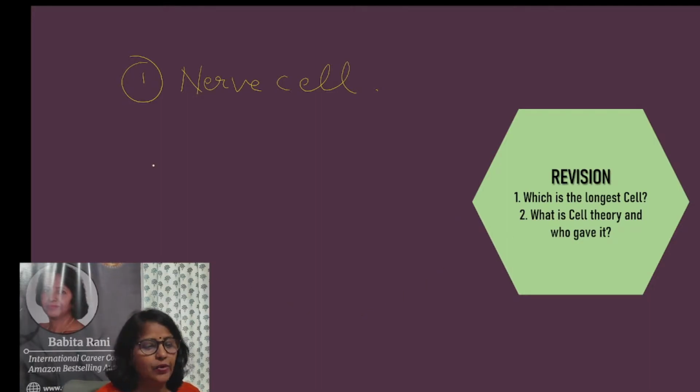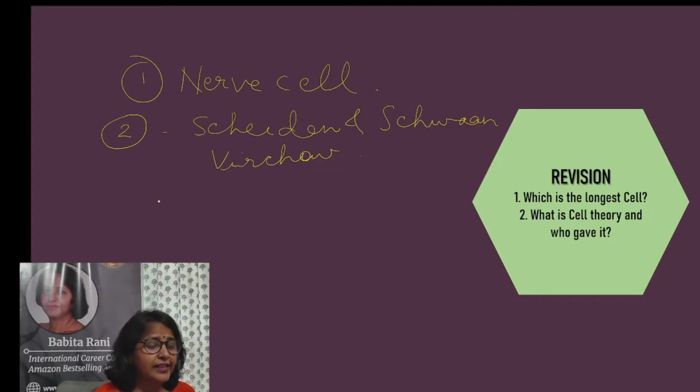What is cell theory and who gave it? Cell theory was given by Schleiden and Schwann, and it was later on modified by Virchow. So all of the three scientists are credited for proposing cell theory. What does it state?